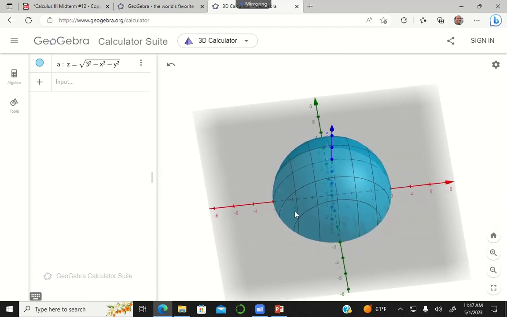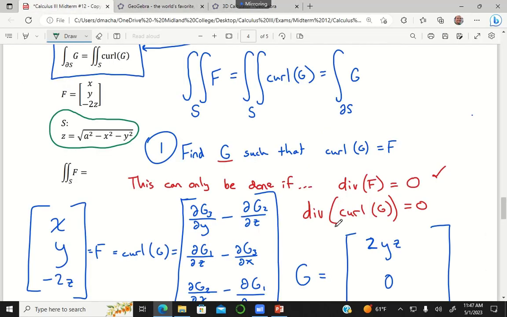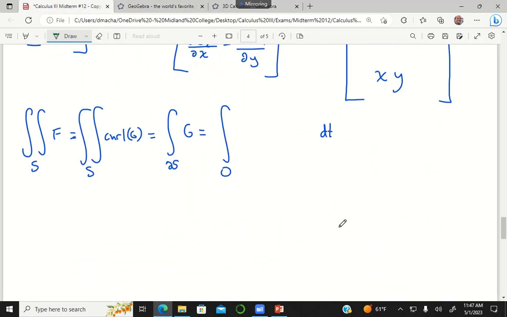Does that make sense? The surface just ends abruptly in the xy plane. So that circle is what I mean by the boundary. Okay. So that means the boundary of S is going to be some parametric curve, and I'm going to parameterize this by saying A cosine t and then A sine t. That's how you parameterize a circle in the plane with the radius A.